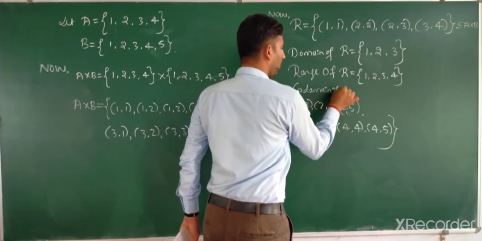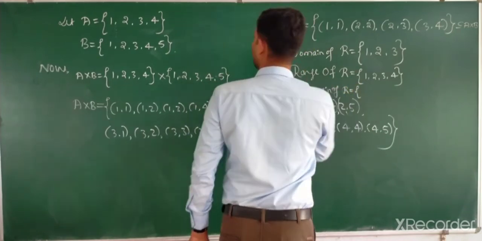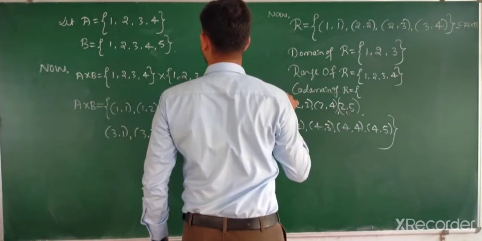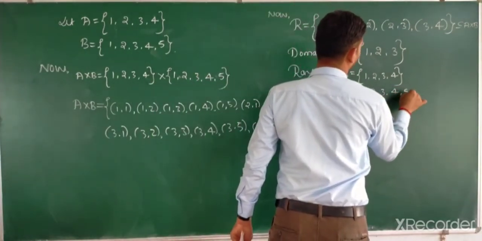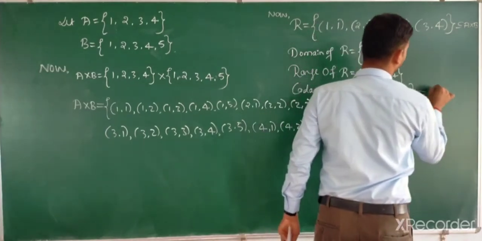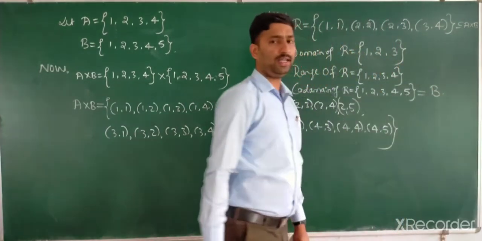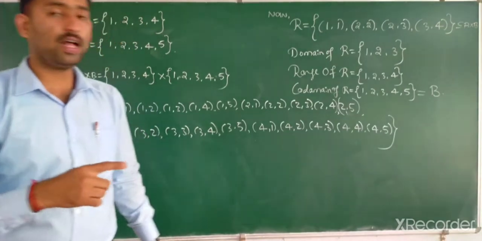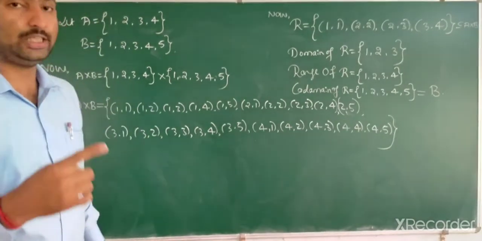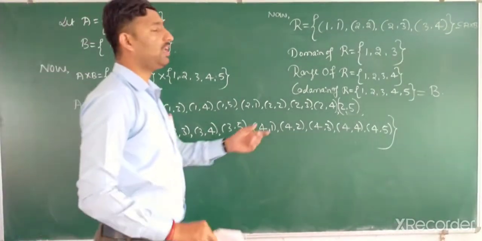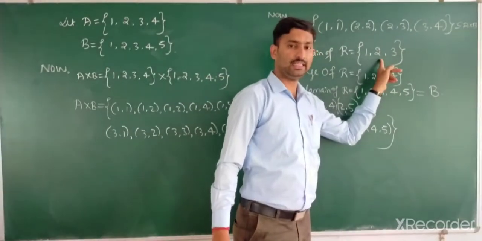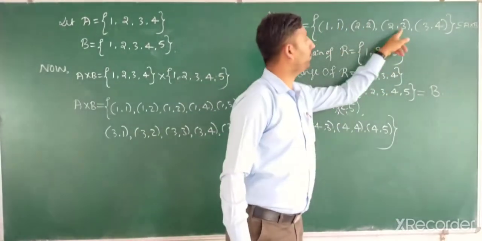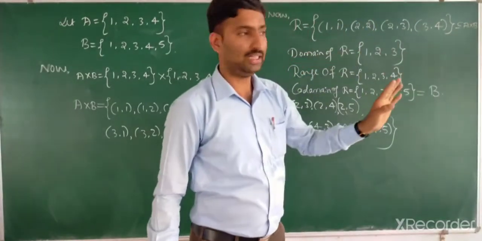The codomain of R is the set B itself, that is 1, 2, 3, 4, 5, which is capital B. The set of all second components is the range of the relation R, and the set of all first members is the domain of the relation R.